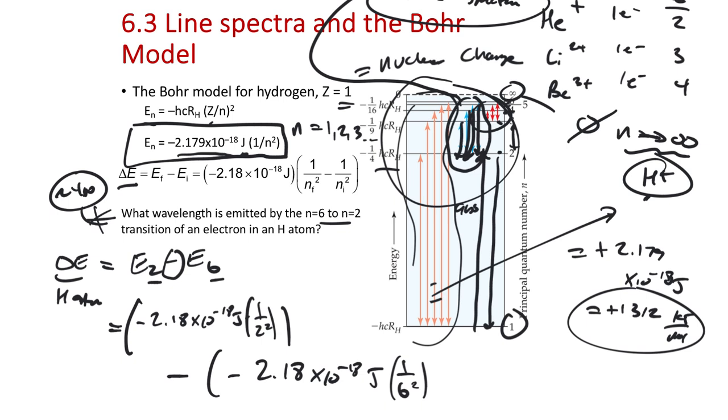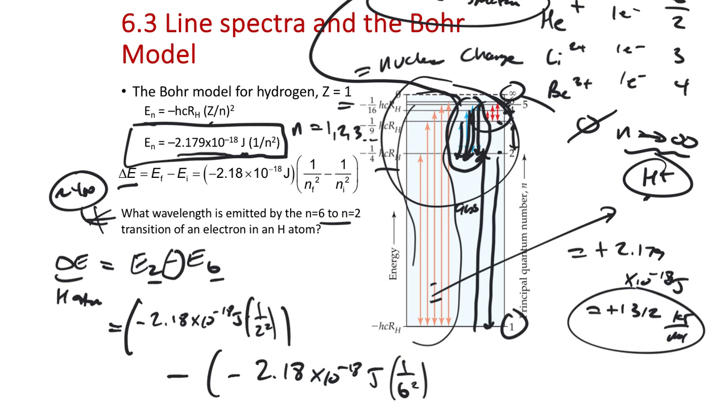So in terms of my calculator, I'm probably going to do negative 2.18 E minus 18 divided by 2 squared, so dividing that by 4. And then I just try to do the minus signs and not be too smart.